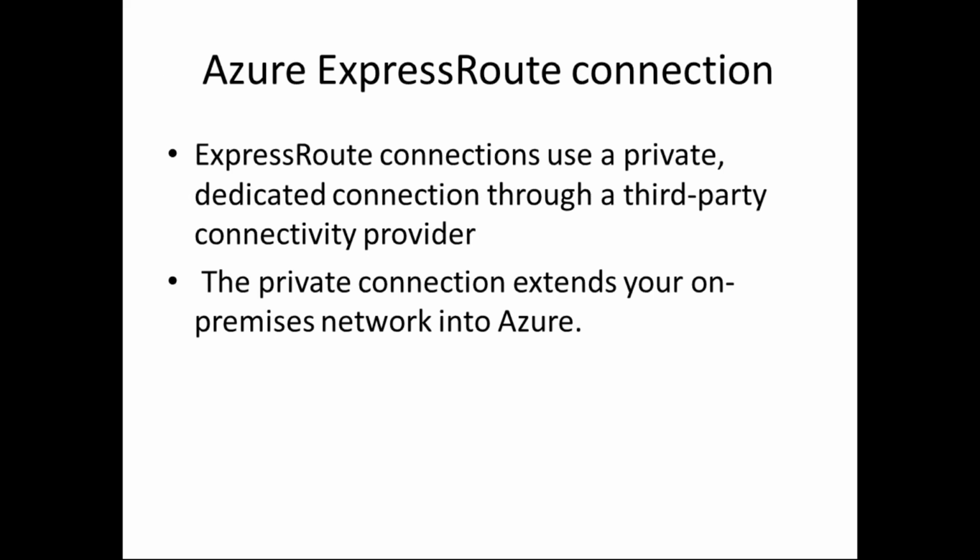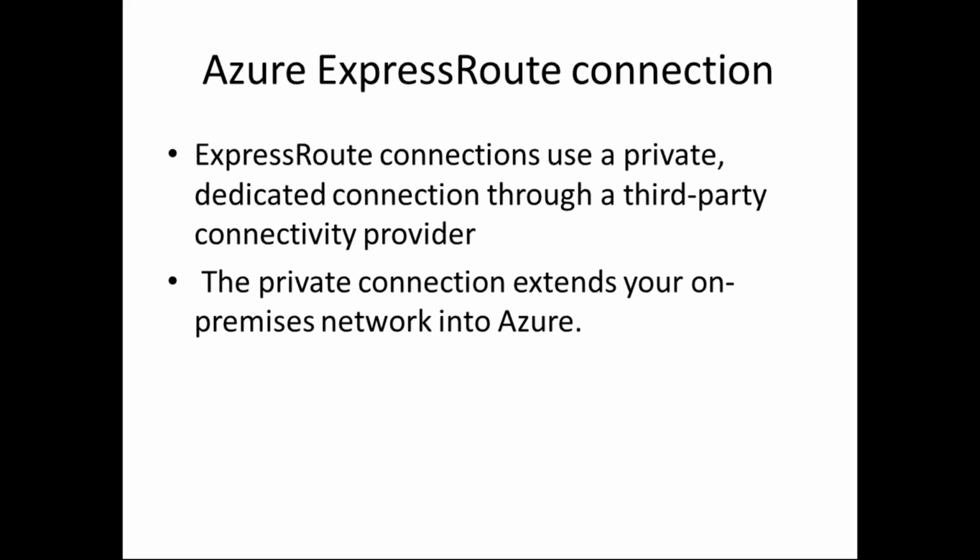Then you have ExpressRoute connections. ExpressRoute is a private dedicated connection using a third-party connectivity provider. So in ExpressRoute, you have to contact your ISP and say that, hey, we have our on-premise environment, we also built the cloud infrastructure, and we want very fast speed. 200 Mbps is not sufficient. Can you give me something more than that?